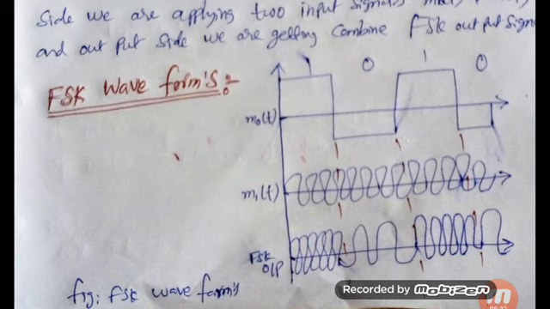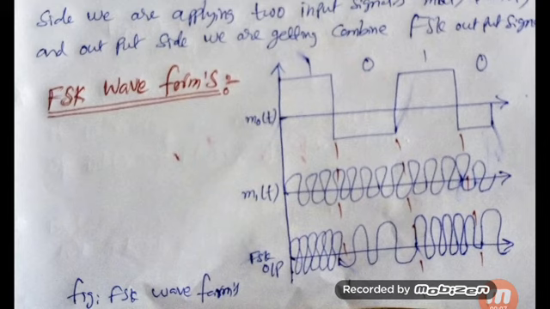FSK modulation techniques are used in several areas like mobile communications. In mobile communication, the information is converted into the form of analog, and after that, using an analog to digital converter, we can easily convert the information from analog to digital.